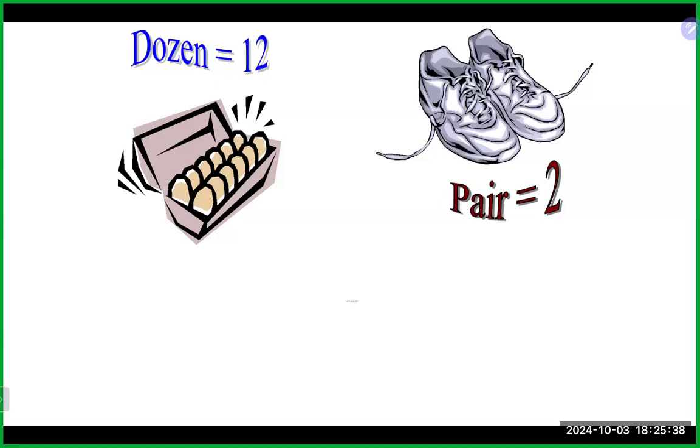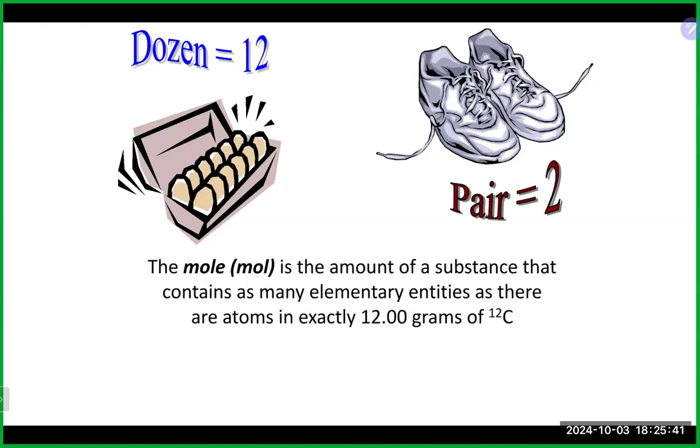Now, in chemistry, we do have a name that represents a certain amount of something, and that is our friend the mole. And the mole is not the furry guy. It has an abbreviation, and they had to cut something off, so they cut the E off, and that is MOL.